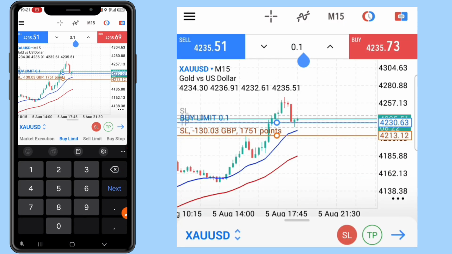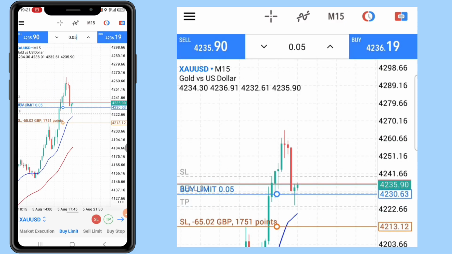If you have $100, which lot size is better? All you're going to do is to just reduce this to maybe 0.5 and then come back here and set your stop loss. Now you can see that our stop loss has reduced to $65. If the market goes against us, we are going to lose just $65.